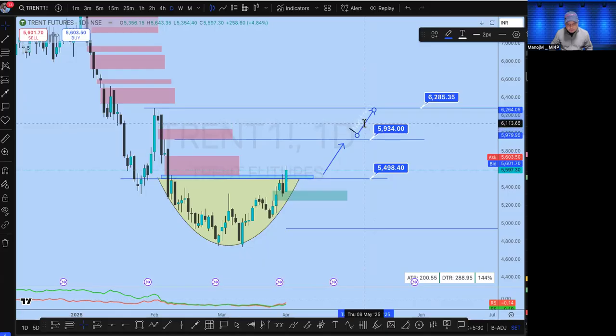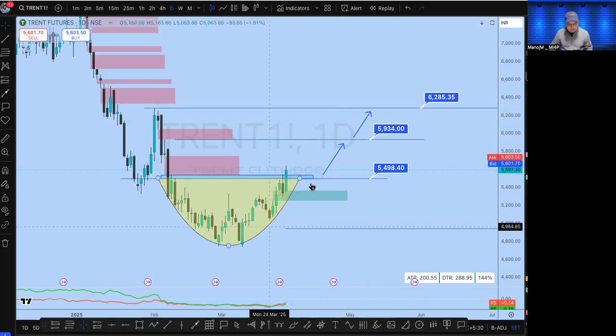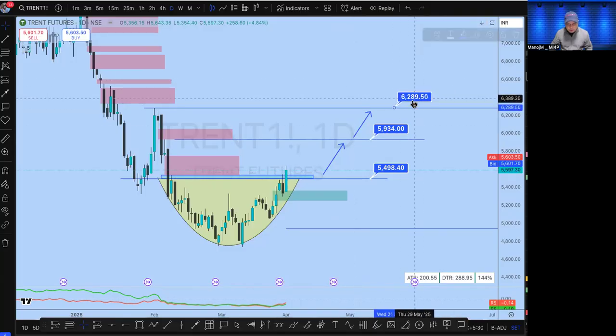That's a crazy 800-point move, nearly a 15% move on this stock, if this is what we are looking at. Beautiful formation here, the rounding bottom and the breakout. It looks really nice to me. And I would be hoping for some kind of sustained presence above this breakout level, and that could give me this move.